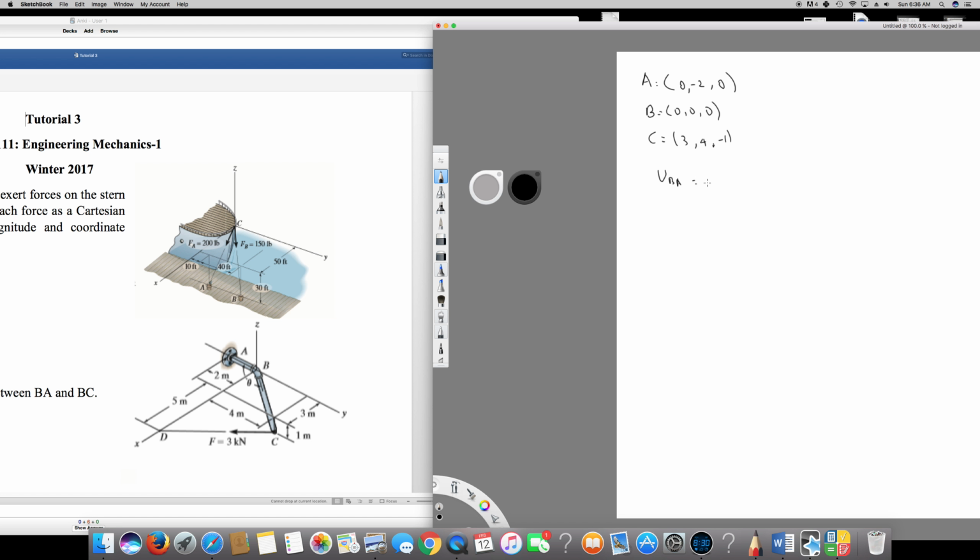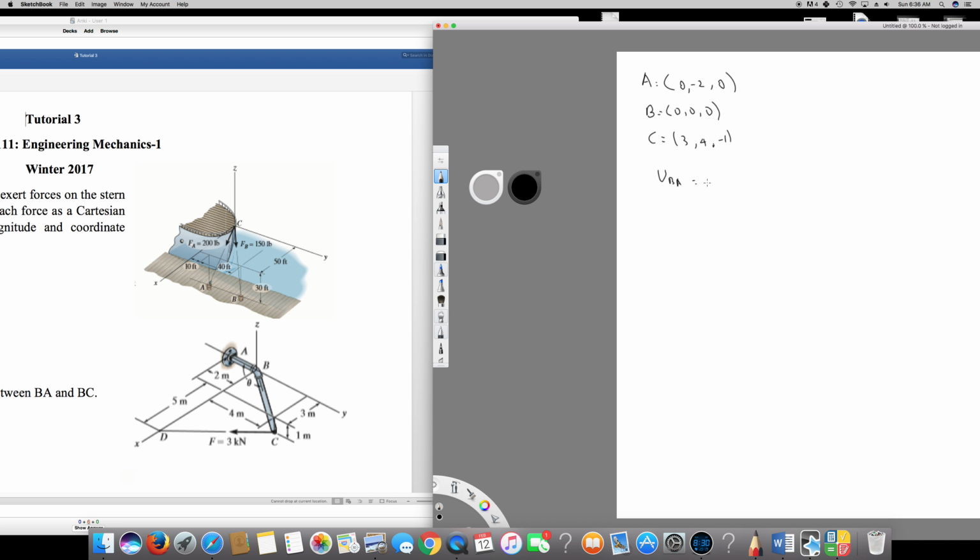So negative 4 over 26. If I dot it, what's going to happen is 0i multiplied by 3i is going to be 0, and 0k multiplied by the k term is going to be 0.